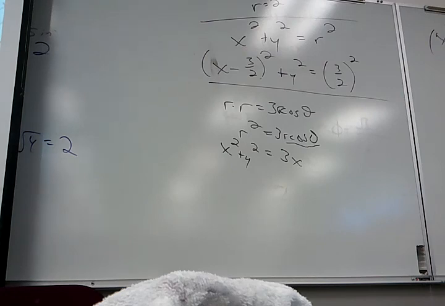So if we start to build up again, we want to go to 2 pi over 3, 3 pi over 4, 5 pi over 6, and pi. So what is it at 2 pi over 3? It's really the same idea as before. Cosine of 60 degrees is 1/2, right?